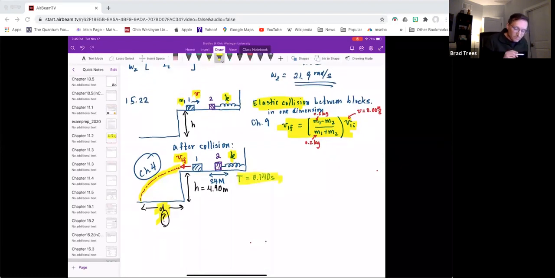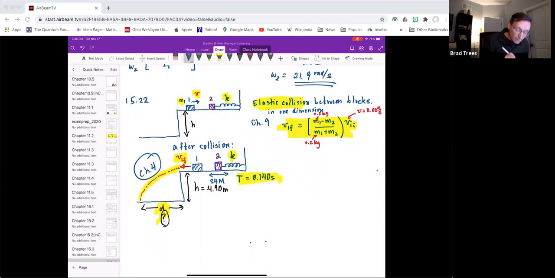If I could use that information, the period of block 2's harmonic motion, to figure out block 2's mass, I'm good. And the point is, you can do that.